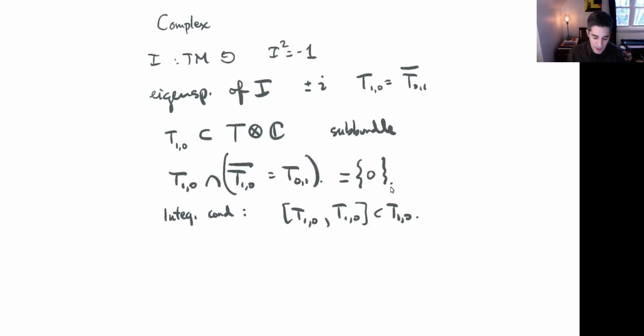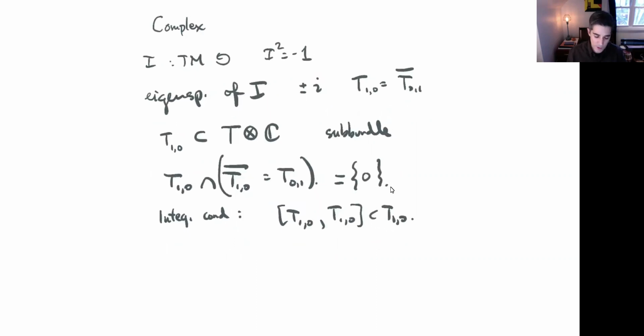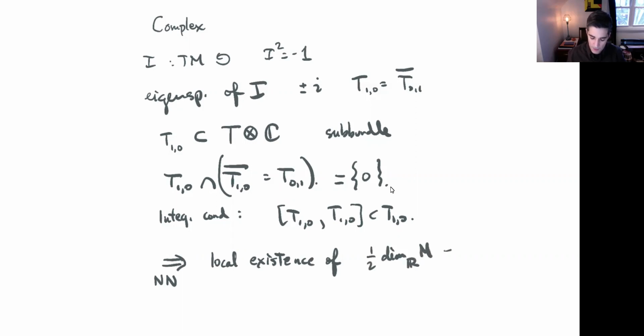Note that this integrability condition implies, via the famous Newlander-Nirenberg theorem, that we have locally coordinates, functions of one half the dimension of M, usually called Z1 up to Zn.